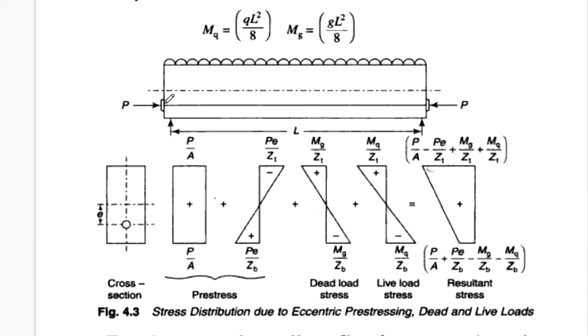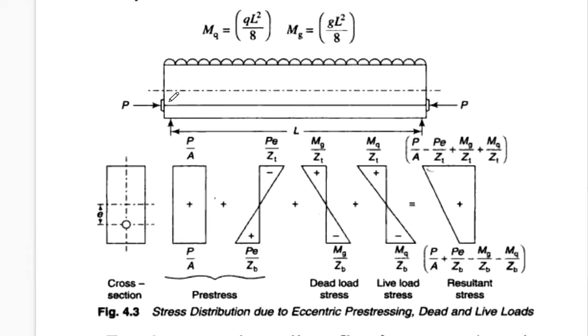Due to this eccentricity, the beam is going to bend, with negative stress at the top and positive stress at the bottom. I will tell you what exactly this bending means. In pre-stressed concrete, if compression occurs we consider it as positive, and if tension occurs we consider it as negative.